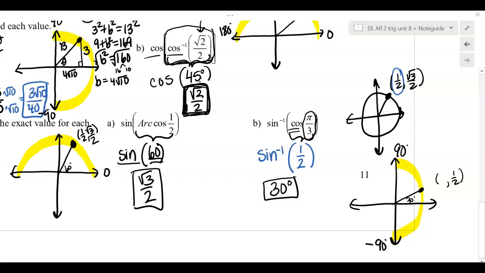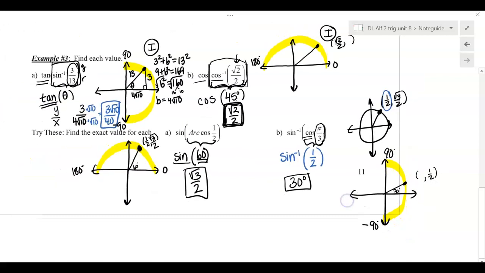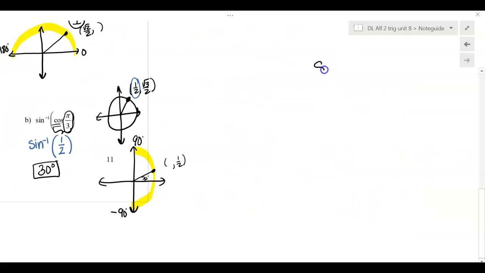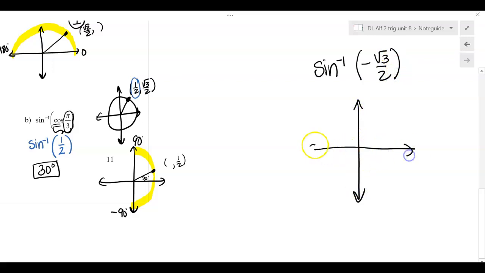And then before I let you go try some of these for the homework, I do want to make one comment about a negative angle since that didn't come up a lot in our examples. Let's say that I asked you the inverse sine of negative rad 3 over 2. So your answer to this should be an angle.